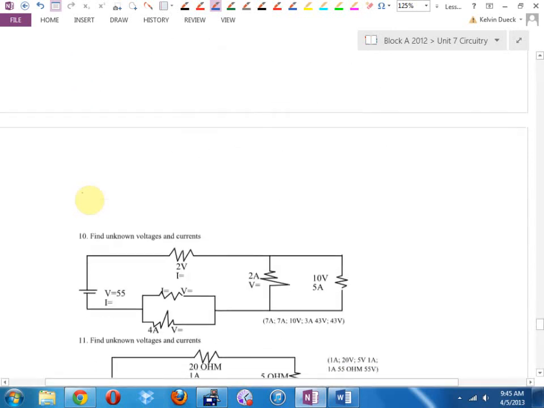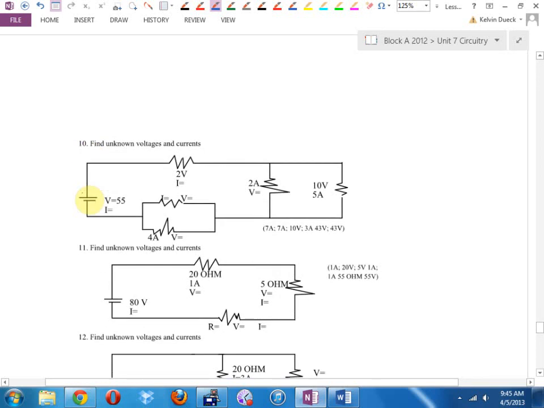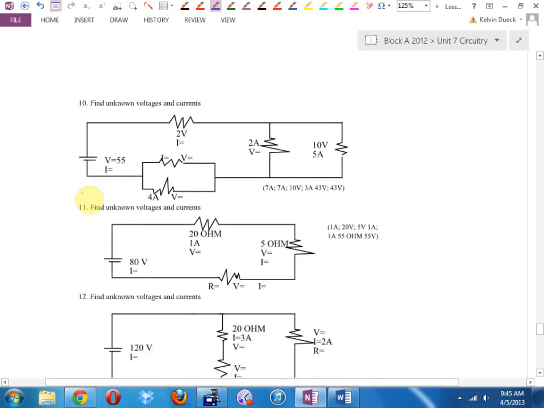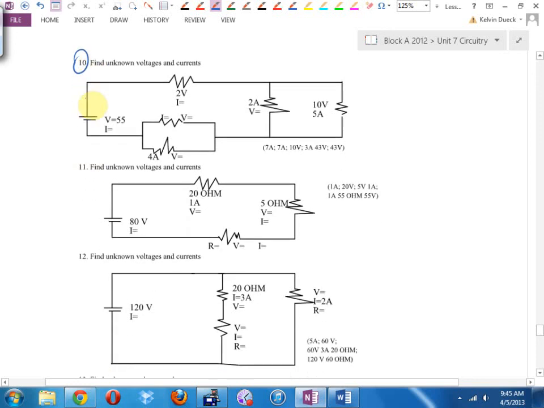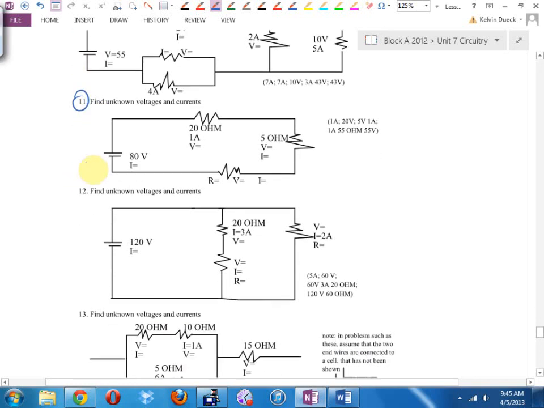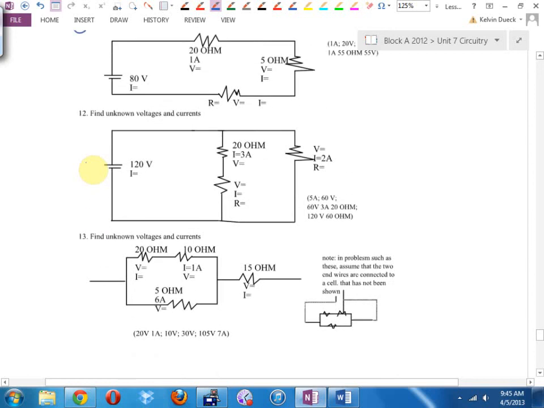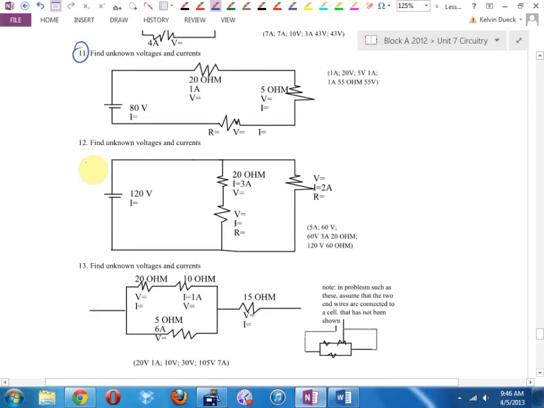Skip number 9. Oh, 10's got a nice little one there. That's kind of fun looking. Sure, 11 looks good. You got total current. That falls apart pretty quick. 12.